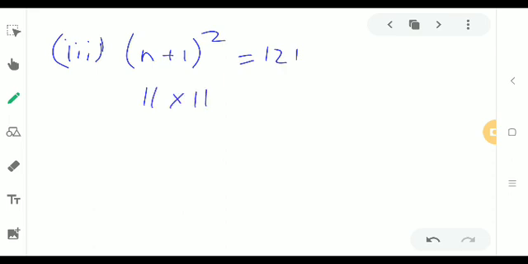That means n plus 1, squared, is equal to 121. And we know that 121 is actually 11 times 11, or 11 squared. That means the n value here will be 1 less than 11, so n will become 10.